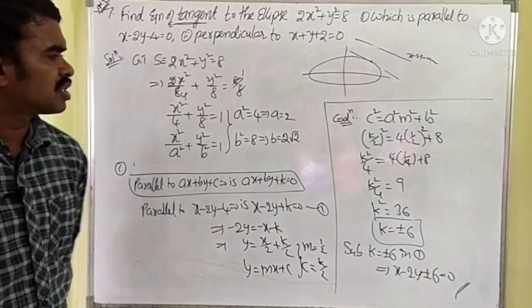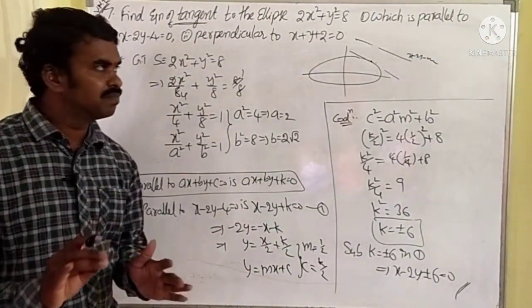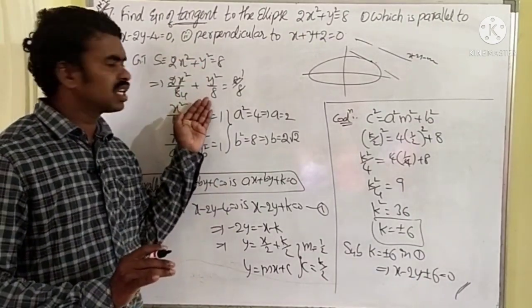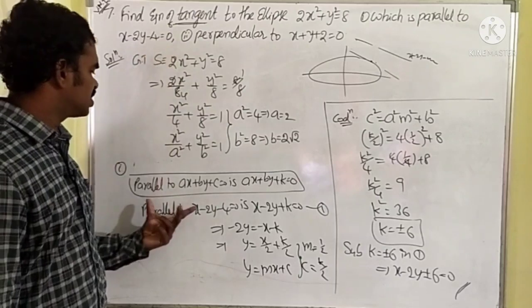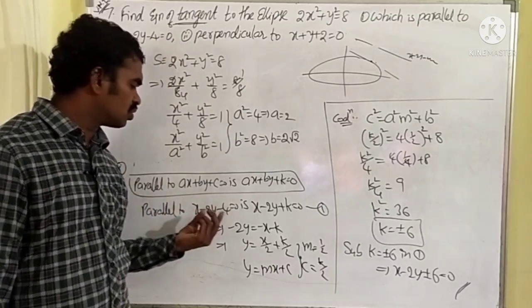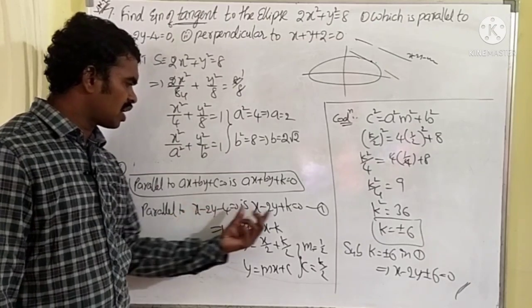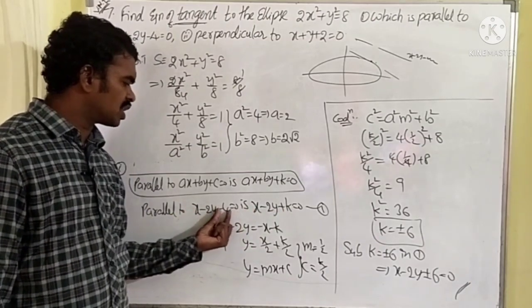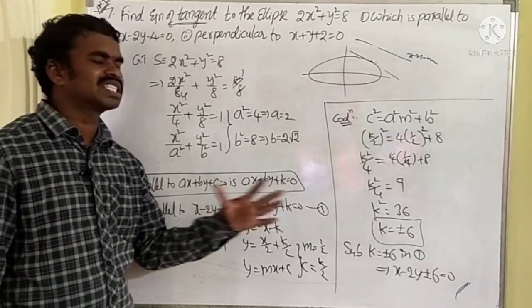This is a very important question. Is it clear? Very simple. First write the ellipse equation and convert it to standard form, and take the straight line equation. For the parallel line, the x coefficient and y coefficient remain the same; instead of the constant, just write plus k.